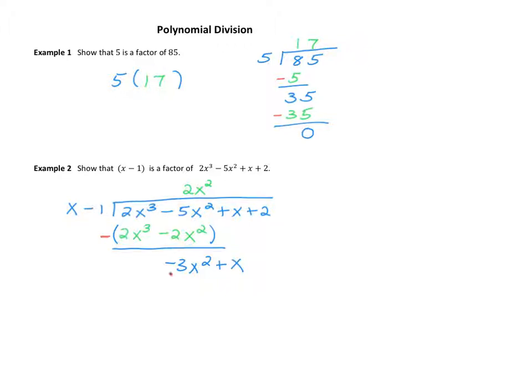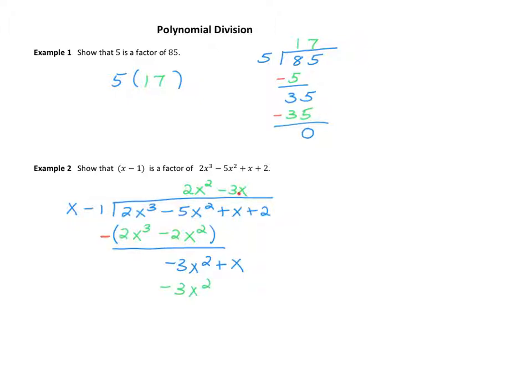Okay, I now want to try to cancel a negative 3x squared by multiplying something to x. So this time, the number is going to be negative 3x. The reason this works is negative 3x times x gives me exactly negative 3x squared.